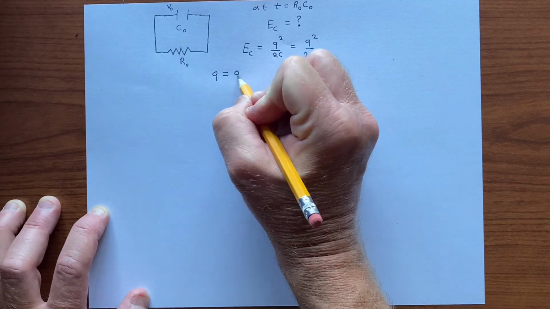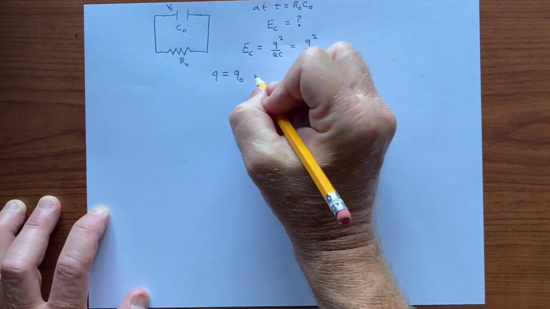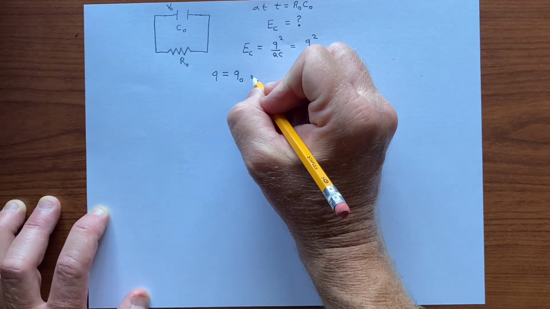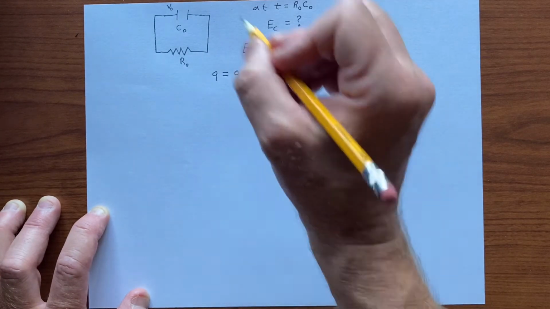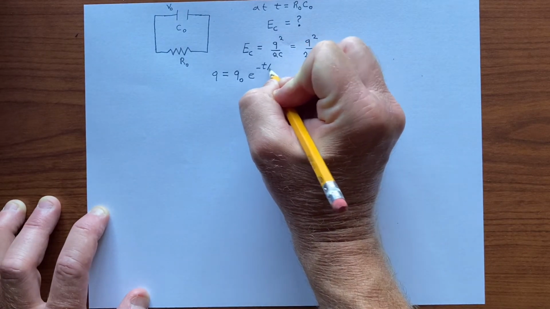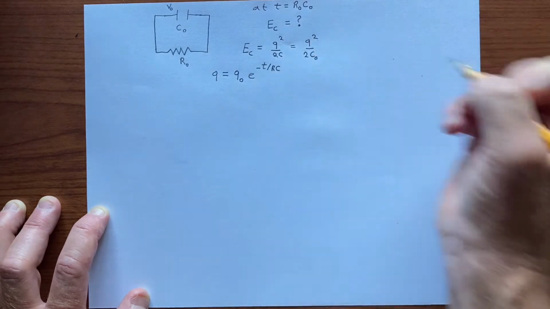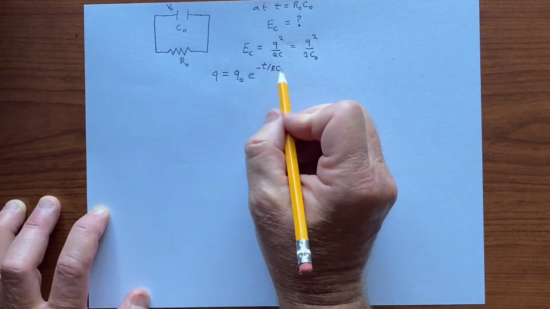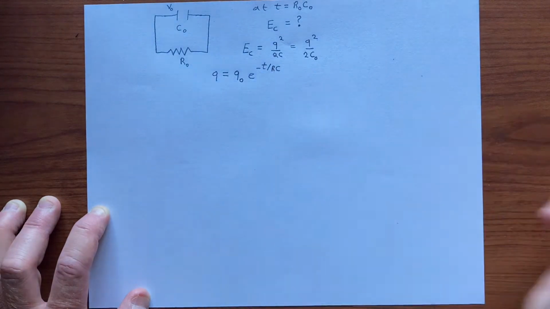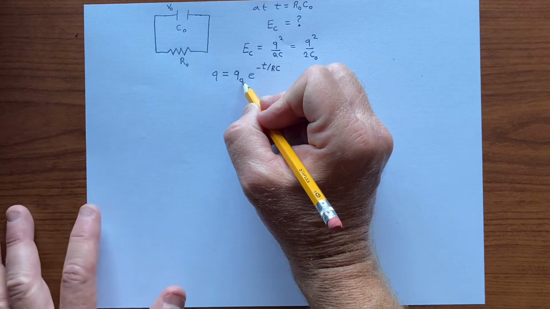Well, we solved for the charge on the capacitor of the RC circuit, and it behaves like this, e to the minus t over RC, which, well, we don't have Q naught here, and we do know the values of R and C, so we need to first find this in terms of known quantities.